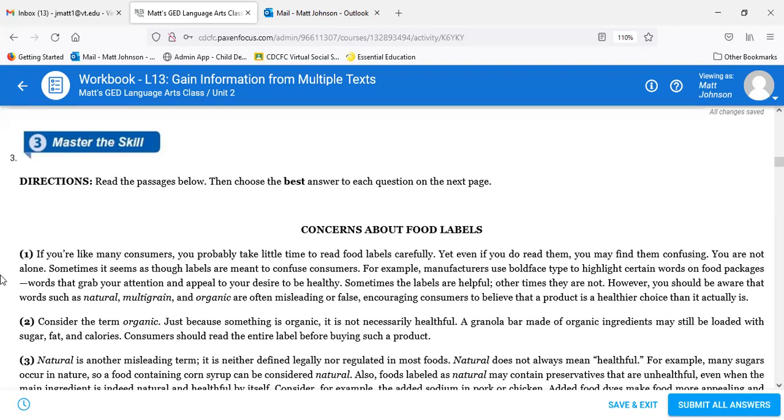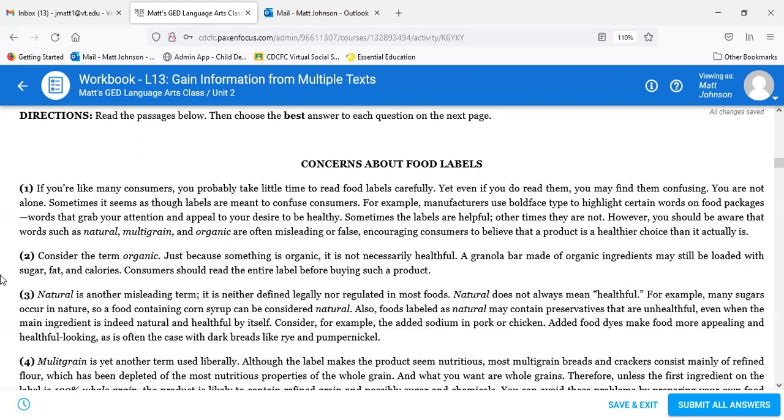Words that grab your attention and appeal to your desire to be healthy. Sometimes the labels are helpful, other times they are not. However, you should be aware that words such as natural, multigrain, and organic are often misleading or false, encouraging consumers to believe that a product is a healthier choice than it actually is.